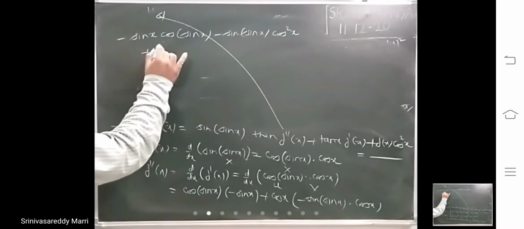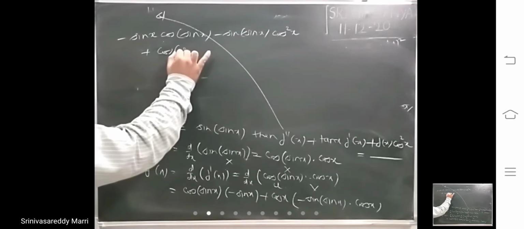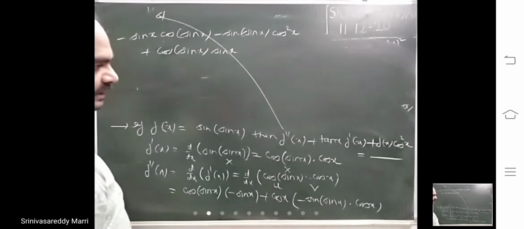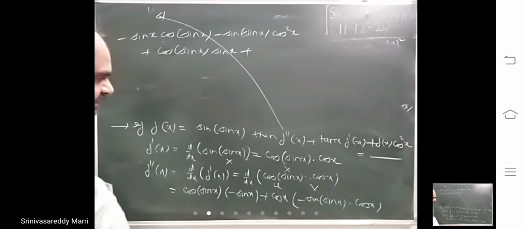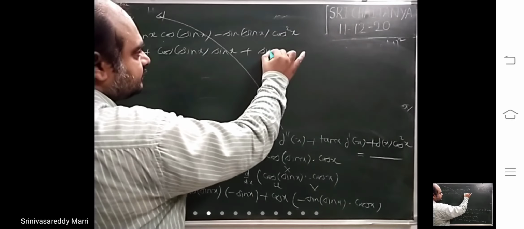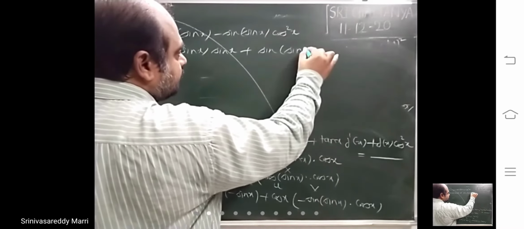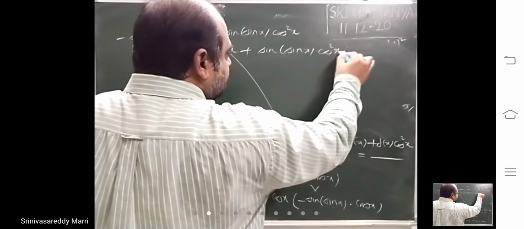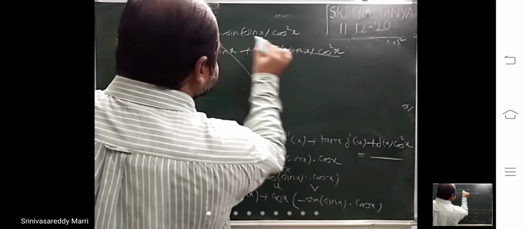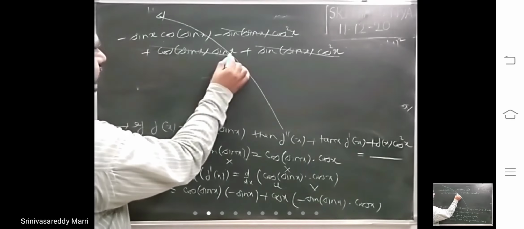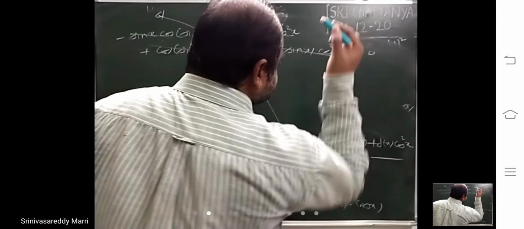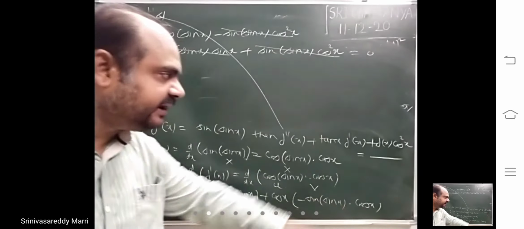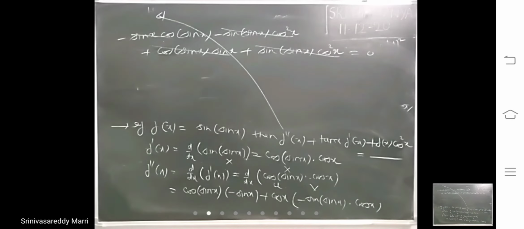You will get cos of sine x into sine x plus f of x into cos square x. This term will get cancelled. So the answer is 0. Like that, for second order derivatives, just find whatever is required and substitute for this type of problem.